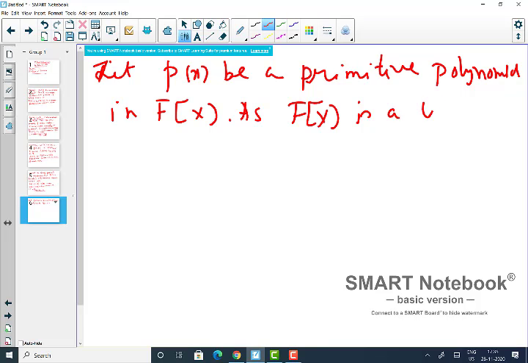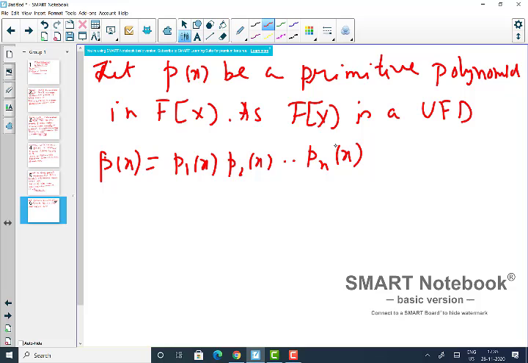As F[x] is a UFD, you can write P(x) as a product of irreducibles, P1(x), P2(x), ..., Pn(x). Write this in terms of irreducibles in F[x].